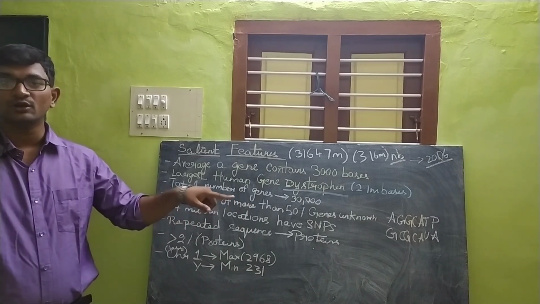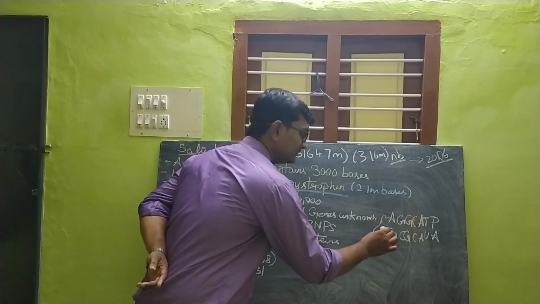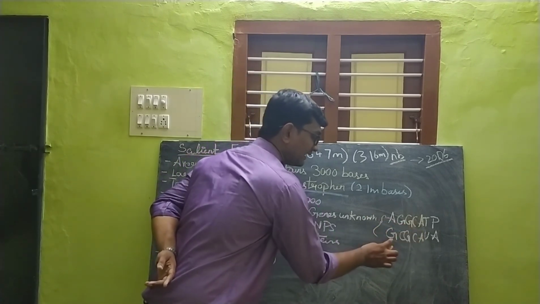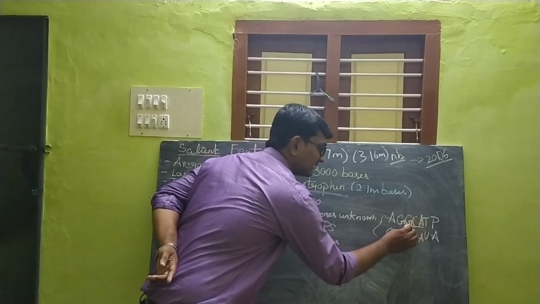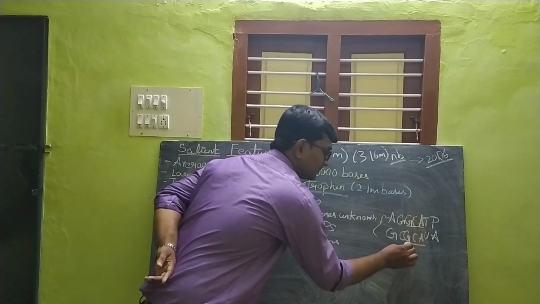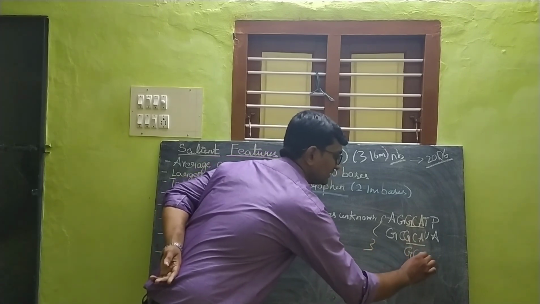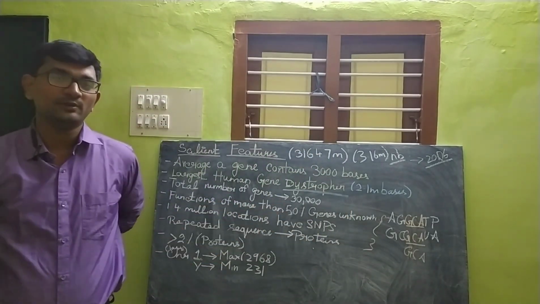What is single nucleotide polymorphism? You can take this as an example. These are nucleotide sequences: AG GCA and GC GCA. In this sequence, you can see the center point GCA has been repeated. If you take the third sequence, in that also the GCA has been repeated. This is called single nucleotide polymorphism.